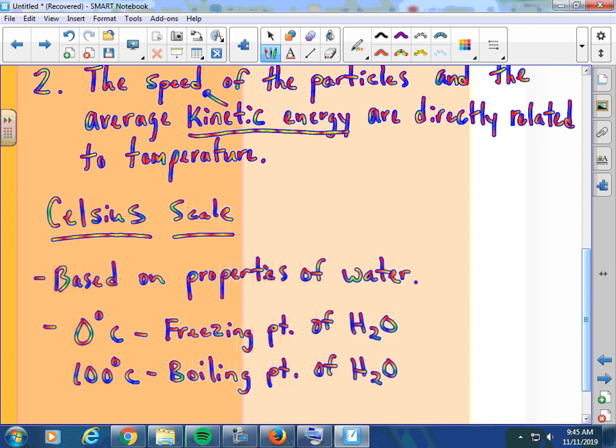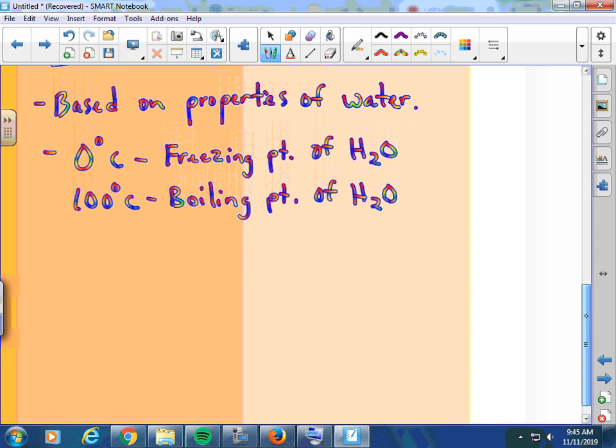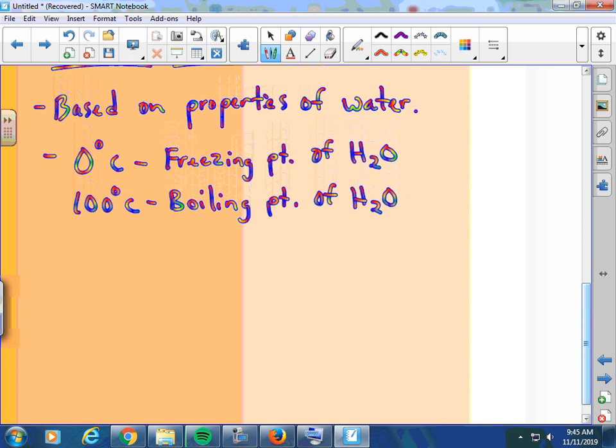Okay, but there's another scale, and it's called the Kelvin scale.